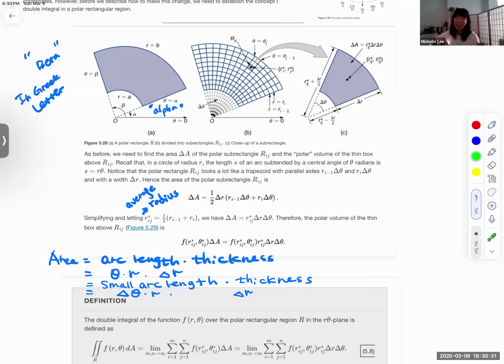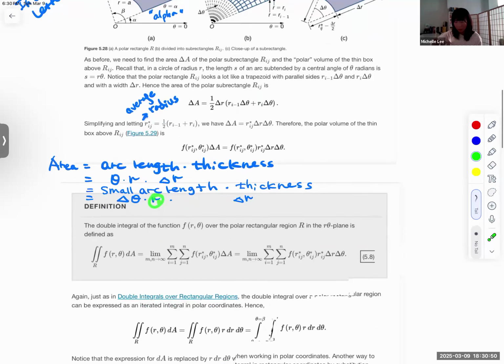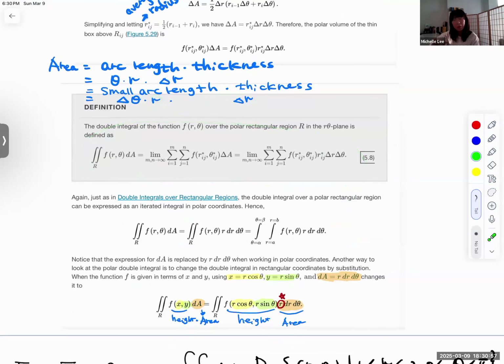So basically we have an extra r there in the area, right? Make sense? Okay, so this picture, I am explaining to you why we have an extra r here. So Riemann sum, right? We knew. And then let's take a look.